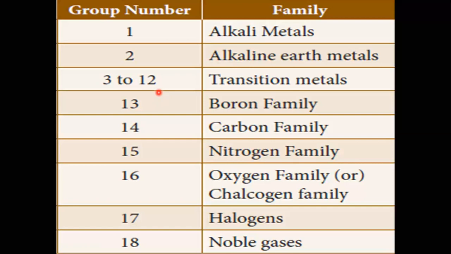Next one is 16, called the oxygen family or chalcogen family. The next one is 17, halogen family. The last one, group 18, is called noble gases. So these are the families with the groups.